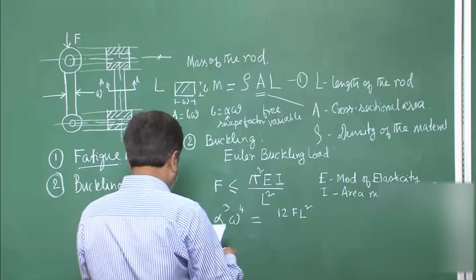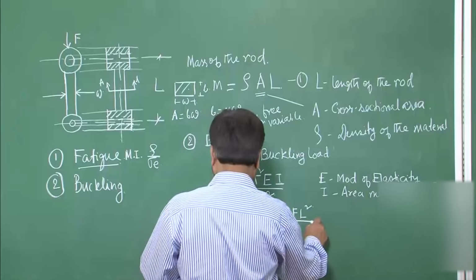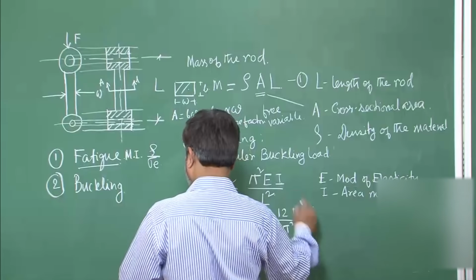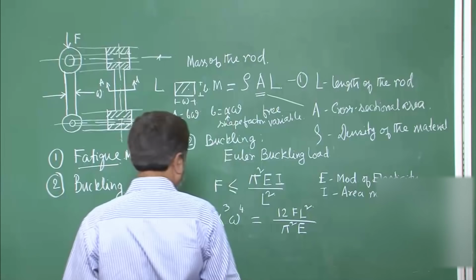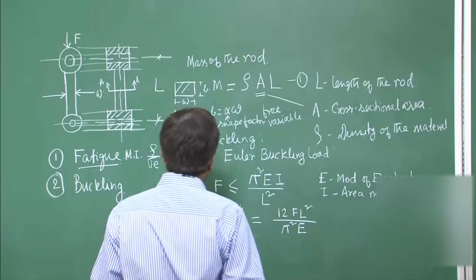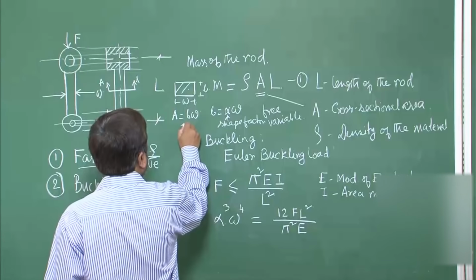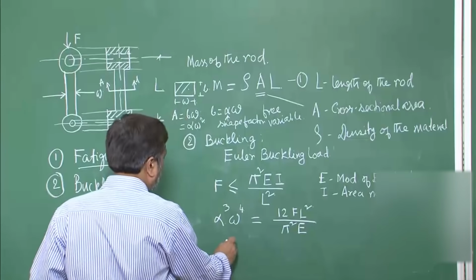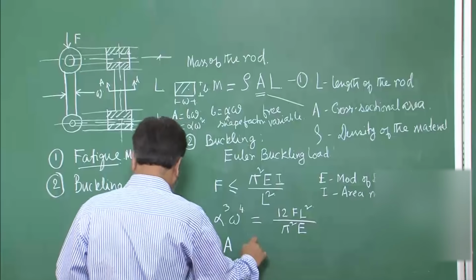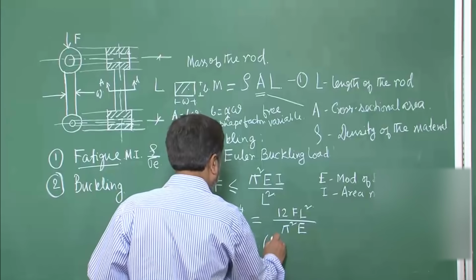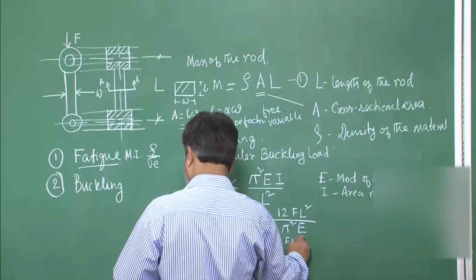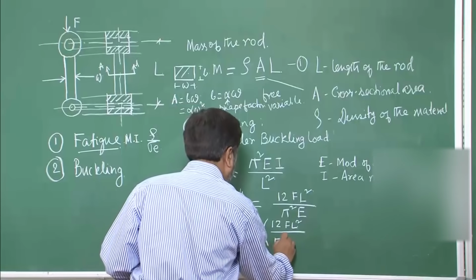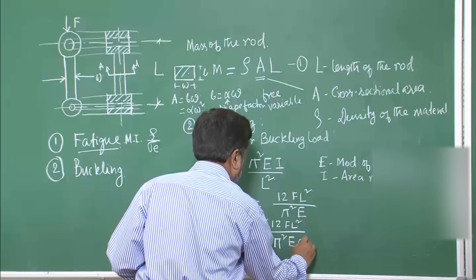Thus if you apply all these things together, it will come out as 12 F L square over pi square E. In fact, if you work it out a little more, keeping in mind that area equals alpha W square, and substitute that here, you will get the area as the square root of 12 F L square divided by pi square E alpha.